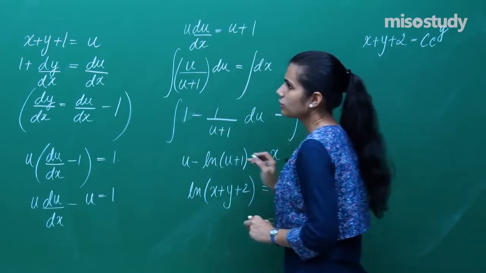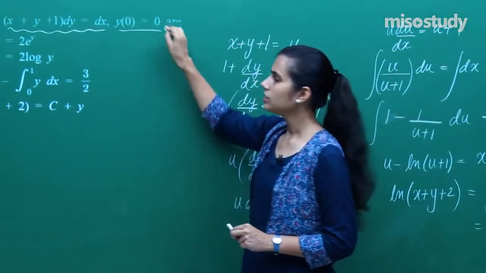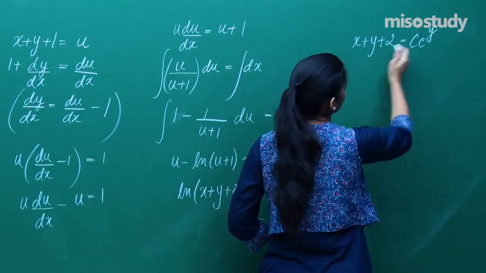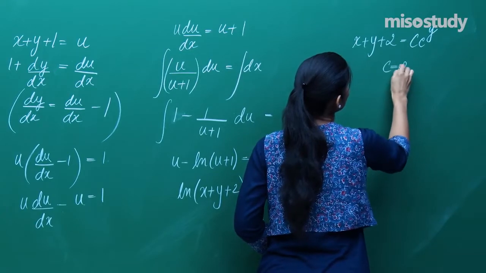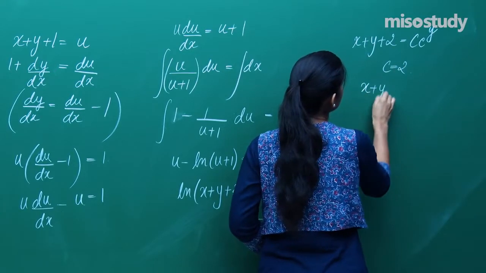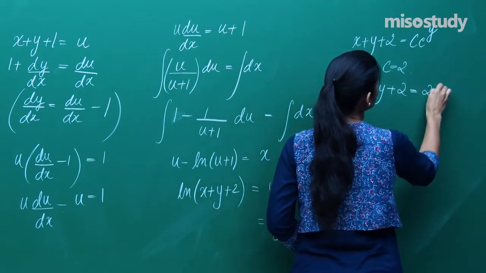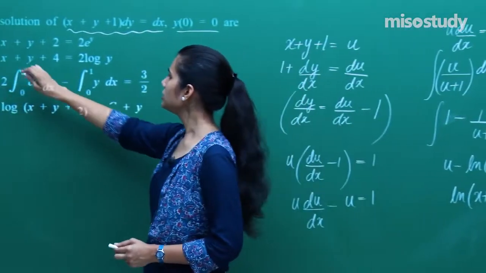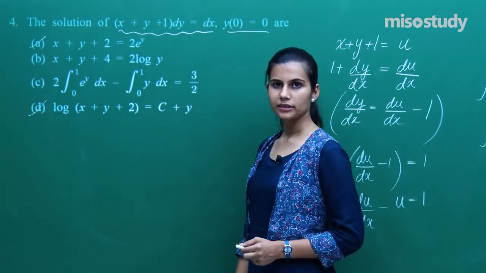Now it is given to you that y(0) is 0. If y(0) is 0, when x is 0, y is 0, this is also 0, you get c equals 2. And therefore your solution is x plus y plus 2 equals 2e^y. Your answer is x plus y plus 2 equals 2e^y.